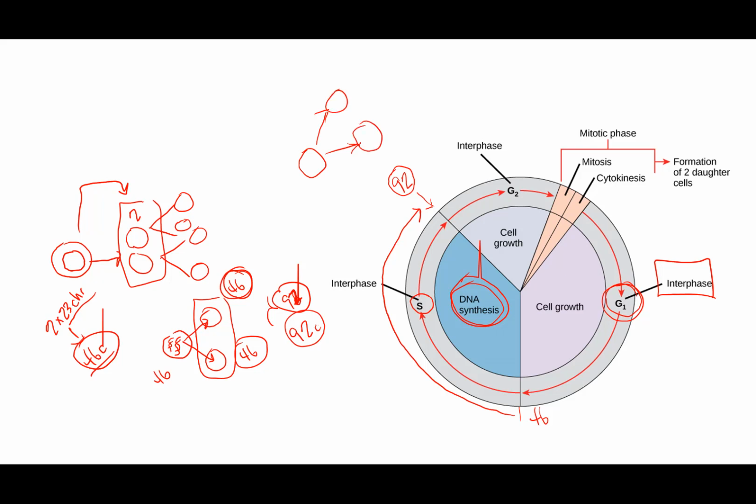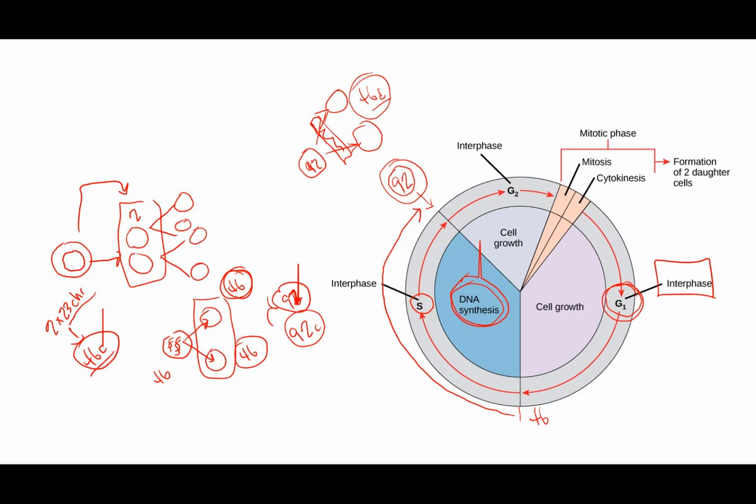To have viable cells, we need the right amount of DNA, which is 46 chromosomes. So before we start thinking about cell division, we need to think about synthesizing our DNA. We have 92 chromosomes, and then we end up with 46 chromosomes each.